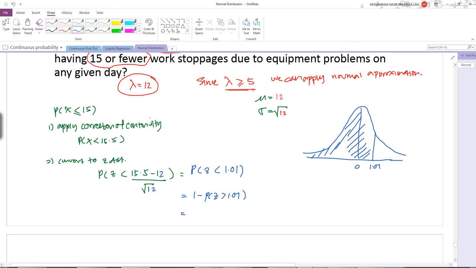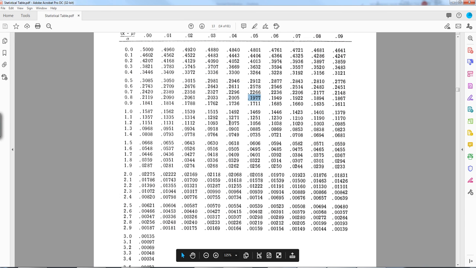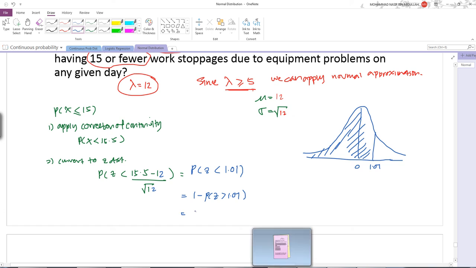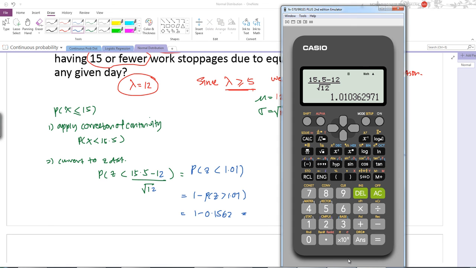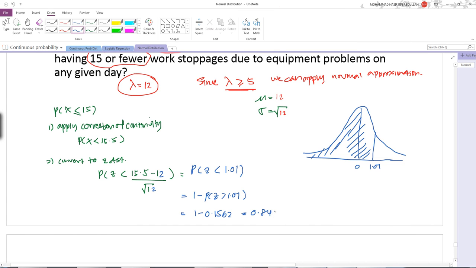Looking in the statistical table, 1.01 is 0.1562. So 1 minus 0.1562 is 0.8438.